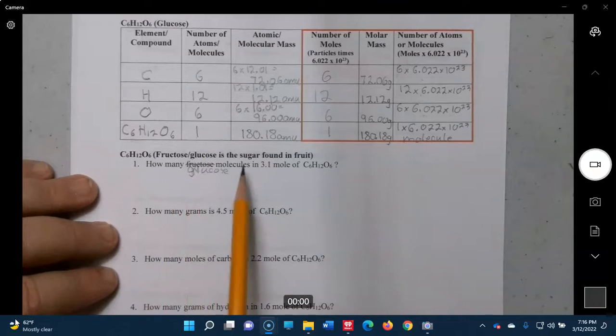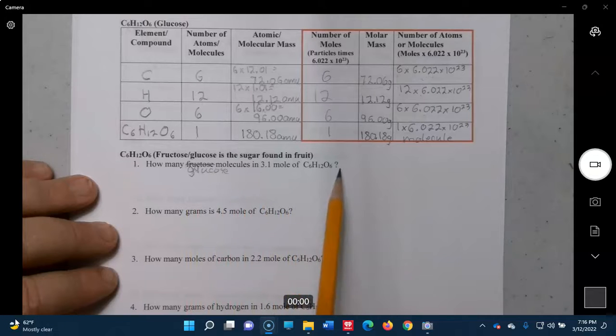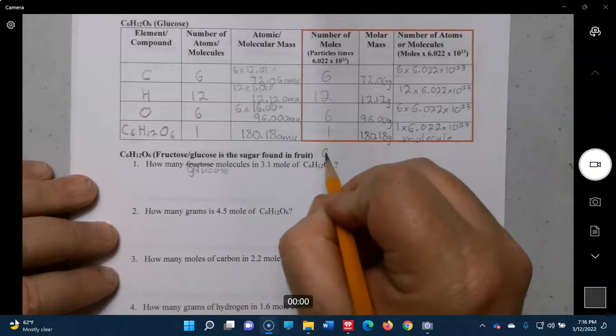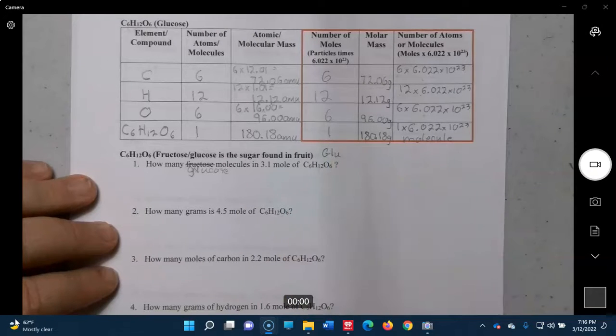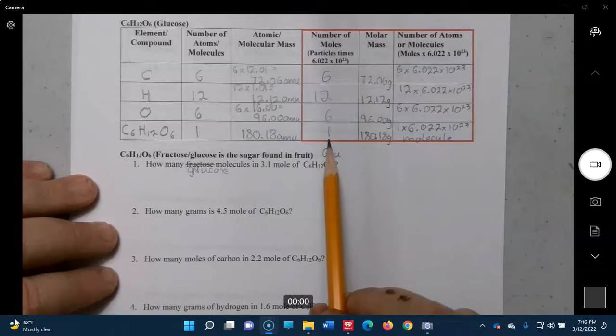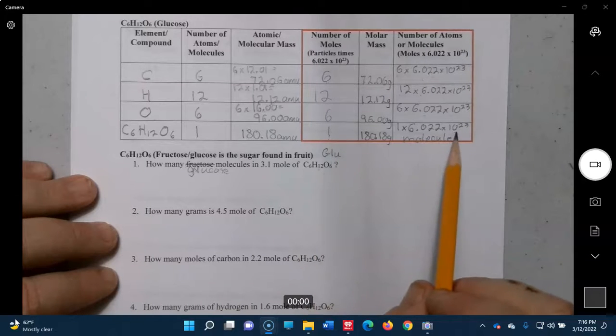So how many glucose molecules in 3.1 moles of C6H12O6? And I told you, instead of writing that every time, you can just write GLU, G-L-U, for glucose. It just makes it a little shorter. Okay? So in 1 mole of glucose, you have 6.022 times 10 to the 23rd.